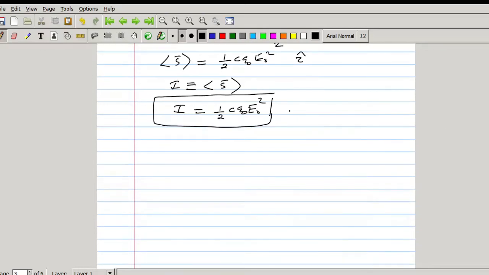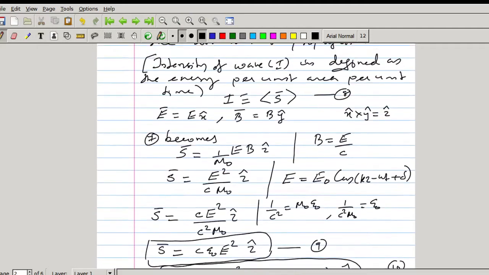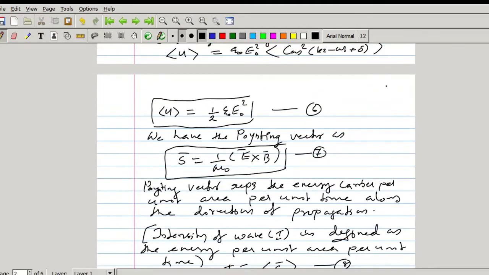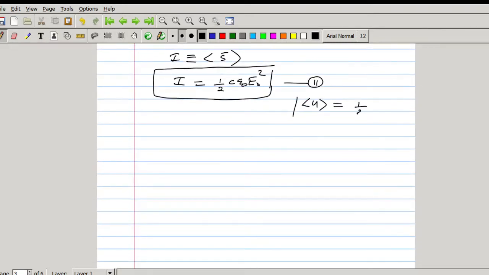Equation number 11. We have determined the expectation value of U: the expectation of U is half epsilon 0 E0 square. So I equals C times the expectation of U. This is equation number 12.